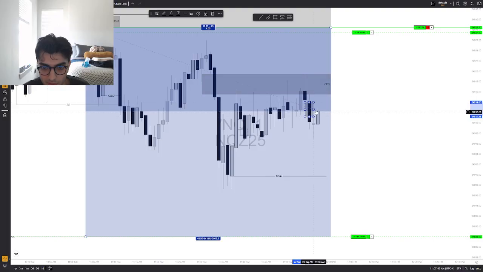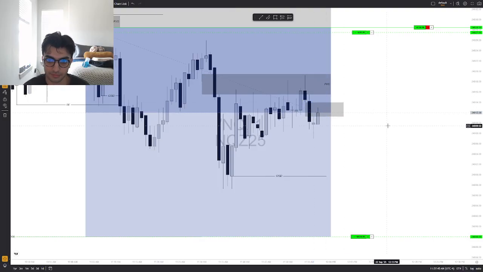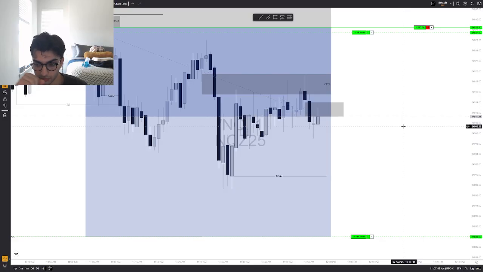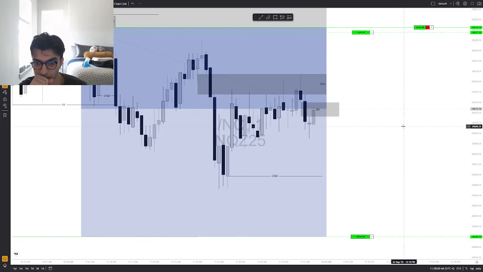Got this mini fair value gap here. Let's see what we do with it. Didn't close outside of it.